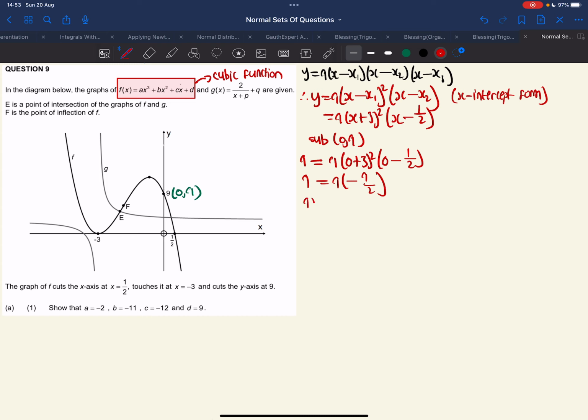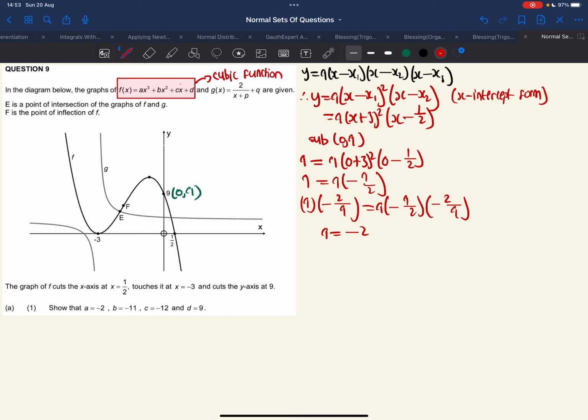So we're going to say 9 times -2 over 9 equals a times -9 over 2 times -2 over 9. Then you should get an answer of a being -2.